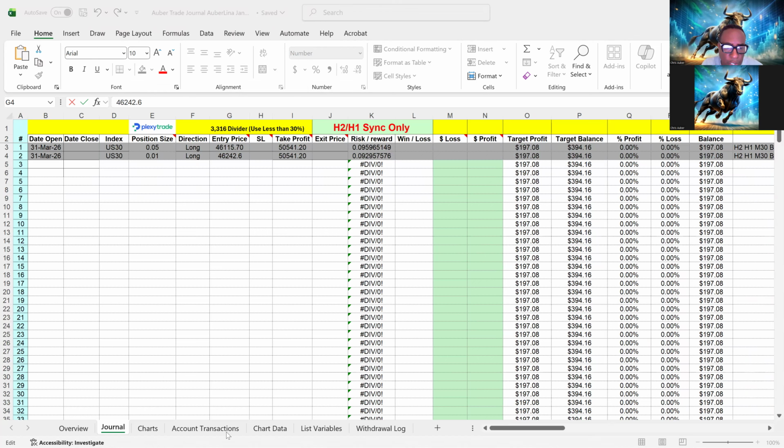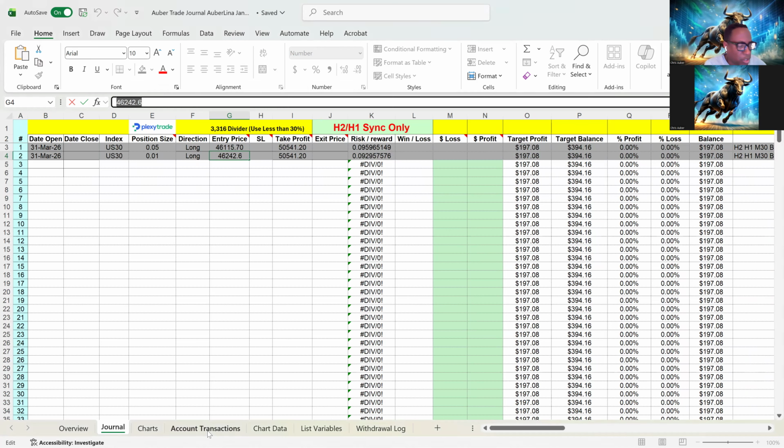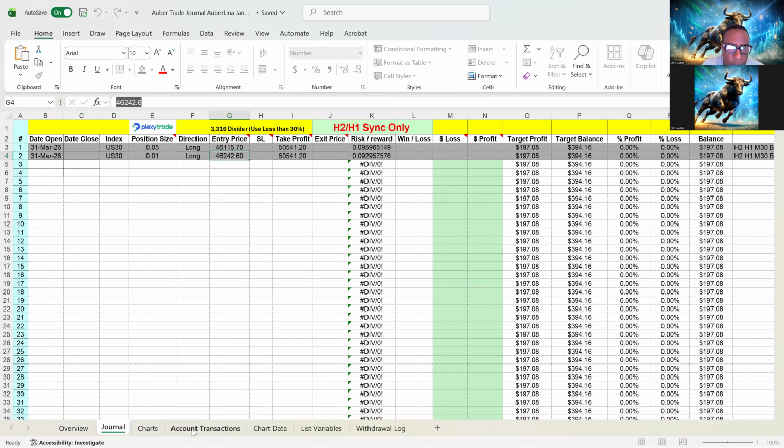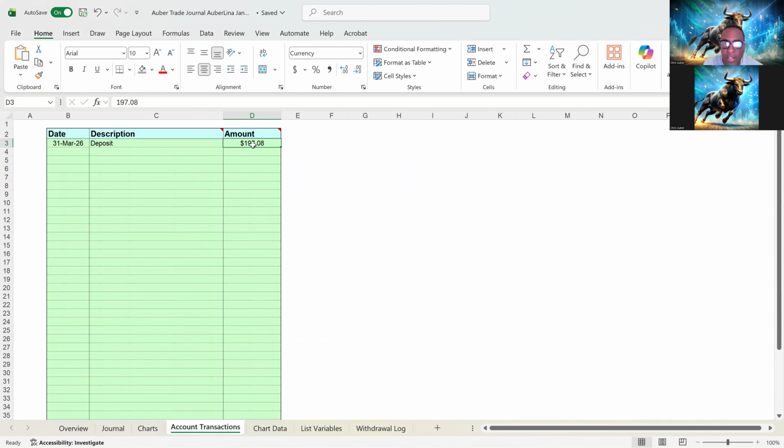Okay, here we go. The initial deposit on the account transactions was $197.08. Okay. That was the original amount. Just wanted to show you that.